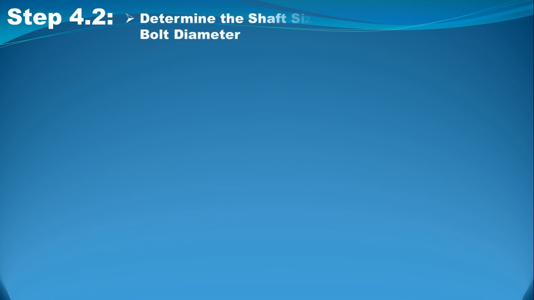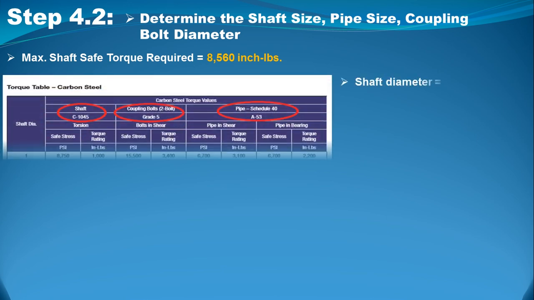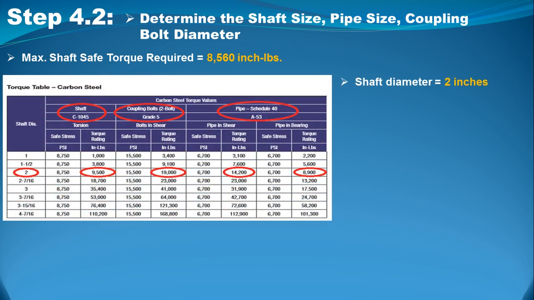So step 4.2, determine the shaft size, pipe size, coupling bolt diameter. Maximum shaft safe torque equals 8,560 inch pounds, which is computed from the previous slide, as you can remember. Based on the table, for the shafting, as we consider, is C1045.